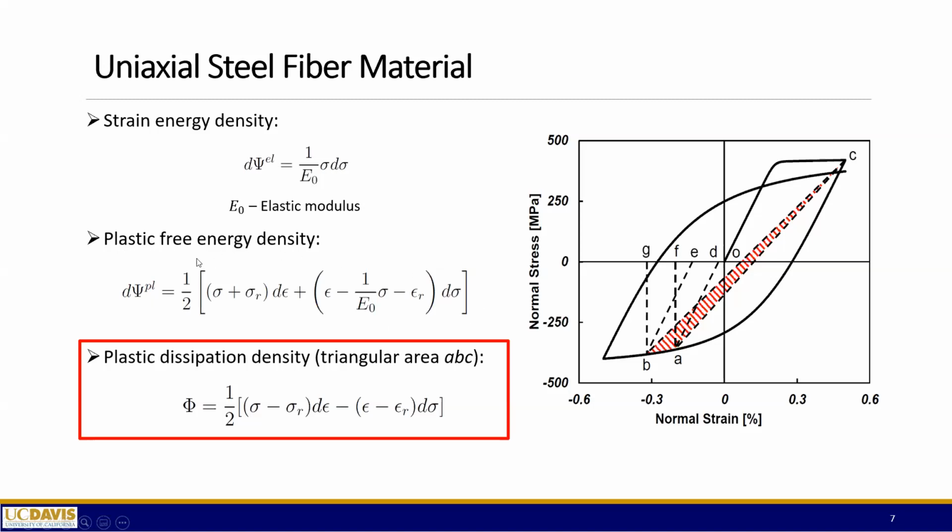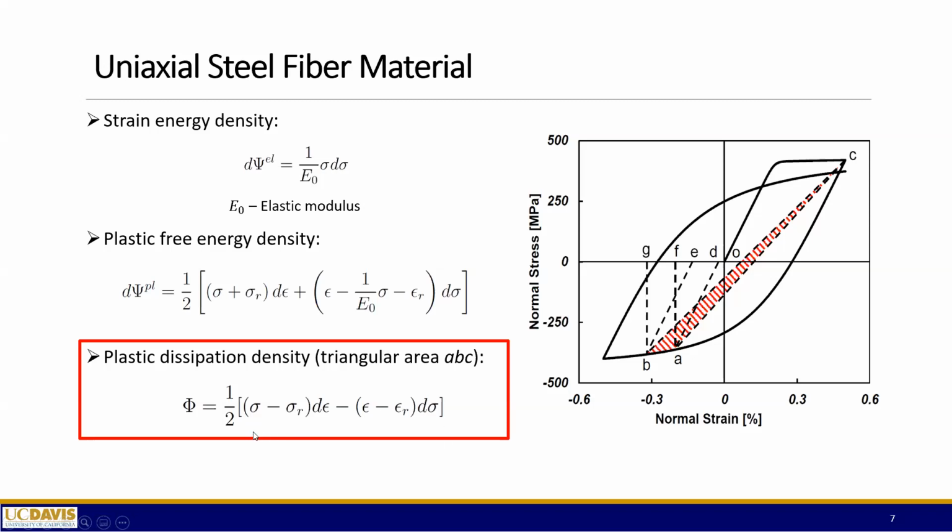This expression looks a little bit long, but this is after quite a long derivation. It is meant to maintain, as you may remember from the thermomechanical framework, the two principles, the first and second laws of thermodynamics. This is what we finally arrive at, the plastic dissipation density. This is the function right there.